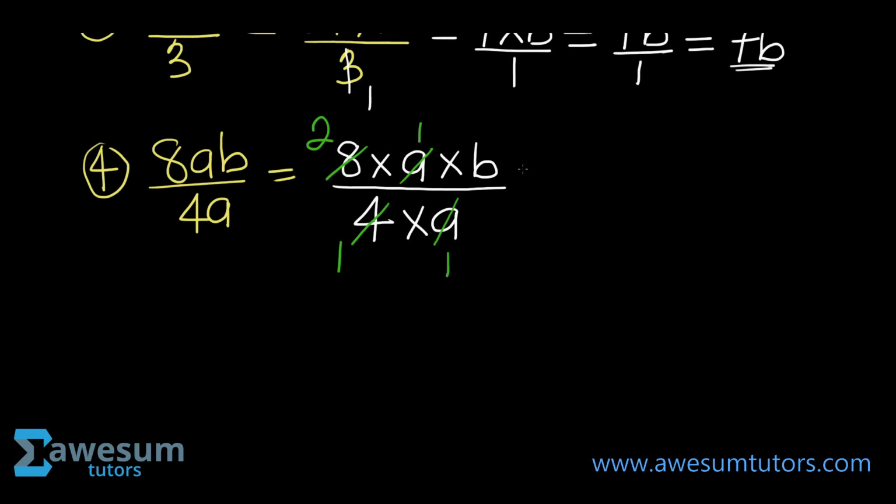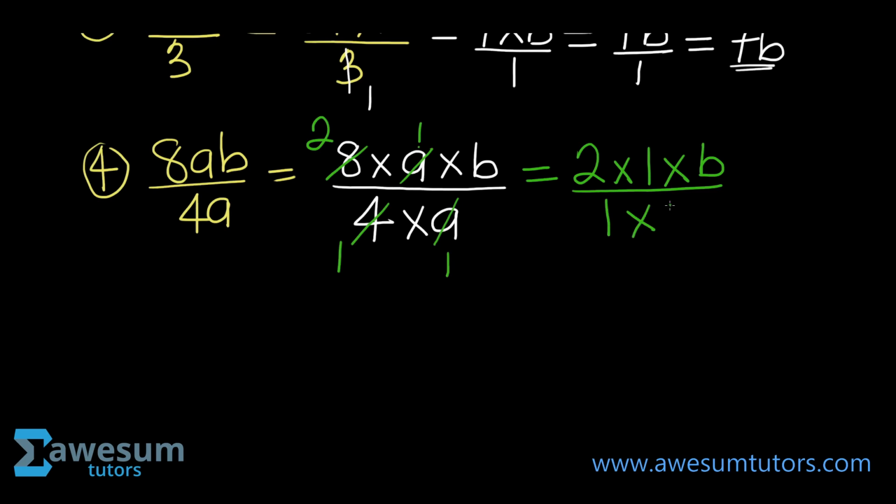So we are left with 2 times 1 times b over 1 times 1.